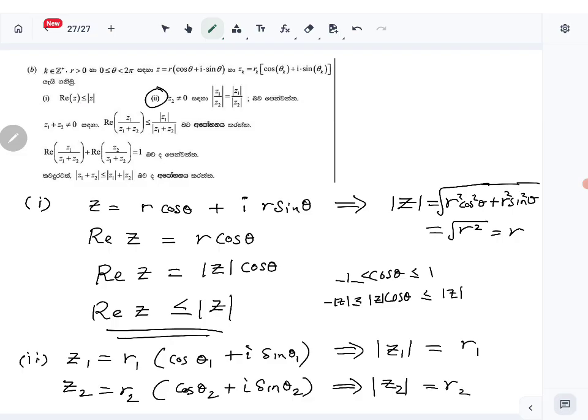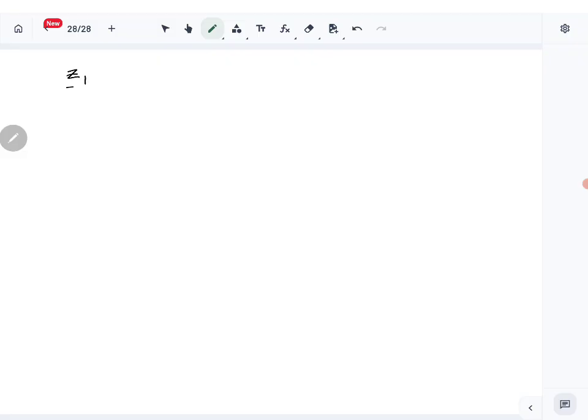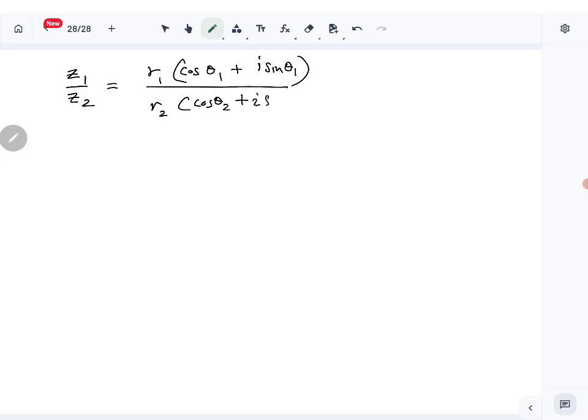Right. Now let's create Z1 over Z2. So that is going to be R1 cos theta 1 plus I sin theta 1 over R2 cos theta 2 plus I sin theta 2. Right. So we'll multiply by the complex conjugate and get rid of the denominator.